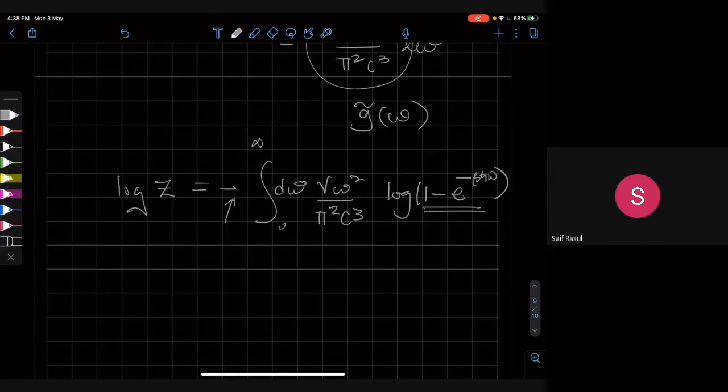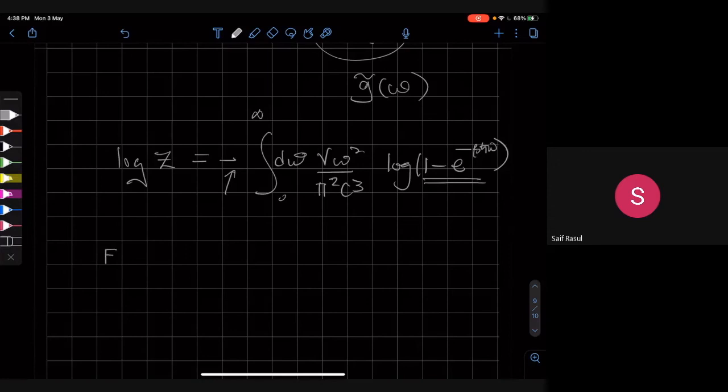So what is the energy? The energy of the system is given by minus the derivative of log of z with respect to beta, right? So now we can just do this, and we get an integral from 0 to infinity, and then v omega squared divided by pi squared c cubed times h bar omega.